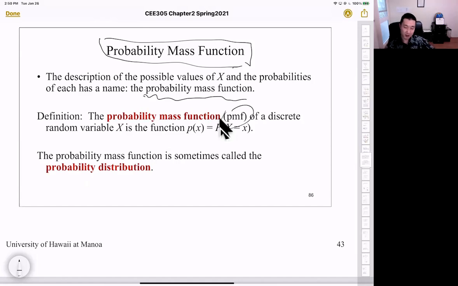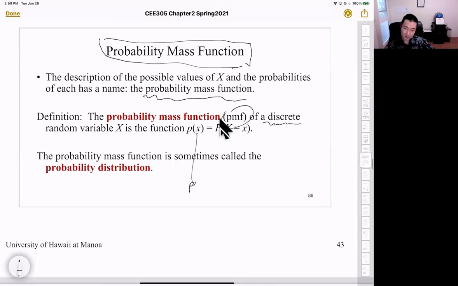So we can write P(X = x). So this is the possible values, for example, 0 flaws, 1, 2, or 3 flaws. In P(X = x), the X in capital letter is the random variable, for example, the number of flaws.